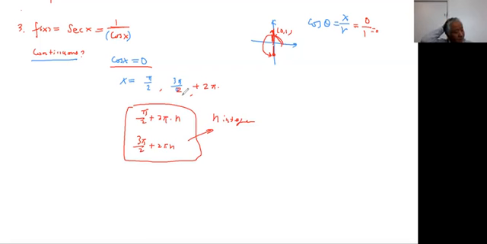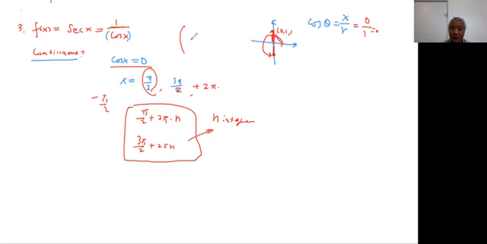Now look at number 4. Is the function f(x) equals secant continuous on this interval? Yes or no? Because we know pi over 2 is not good, and negative pi over 2 is not good either, so the boundary is not included.